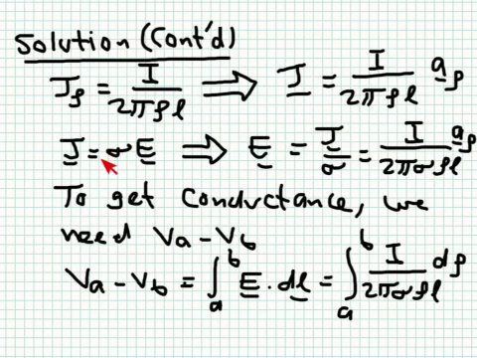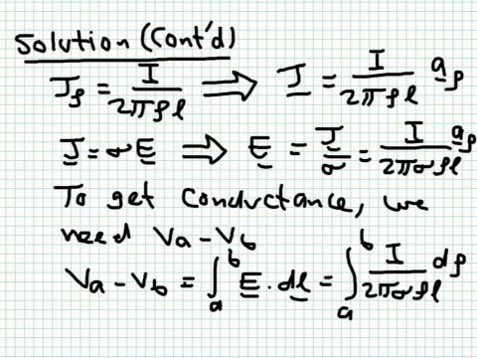Ideally, sigma should be 0 and I shouldn't have any conduction current, but we do have some conductivity. So J is equal to sigma E. I know J, so I can get E by dividing J by sigma. This is the electric field flowing from the inner conductor to the outer conductor in the radial direction.